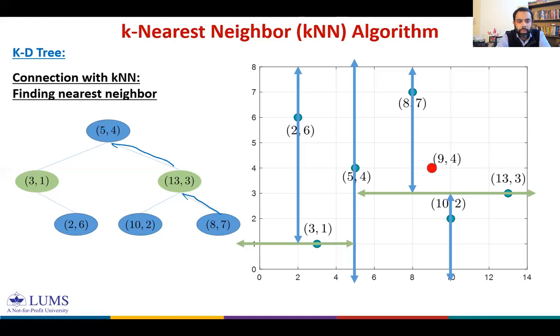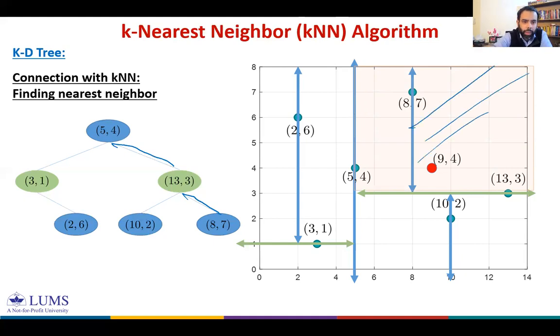When I reach the last node, I'm at (8, 7), and therefore I should be looking for the nearest neighbor in this region.